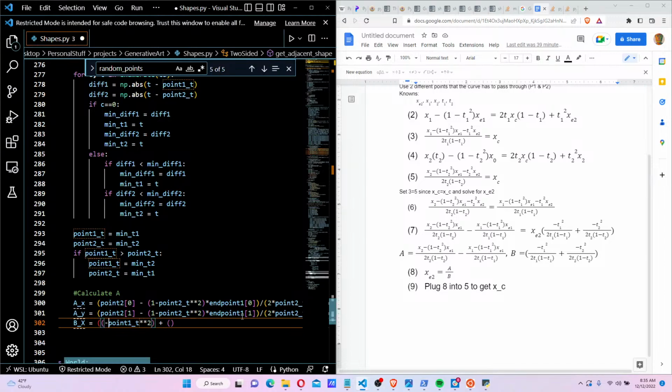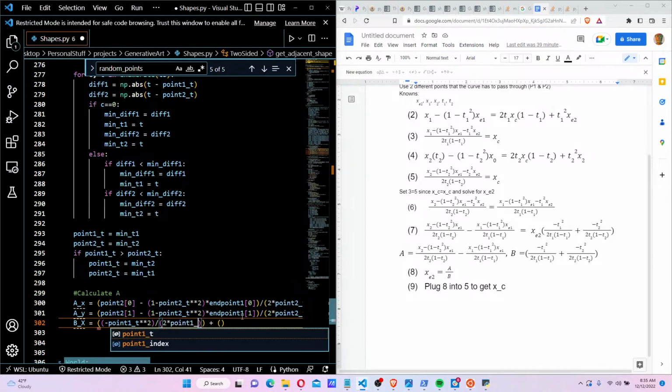Okay, now divide this whole thing by 2 times 0.1t times, and then some parentheses, 1 minus 0.1t, and then plus, and then the right hand term is the same exact thing except t2 instead of t1.